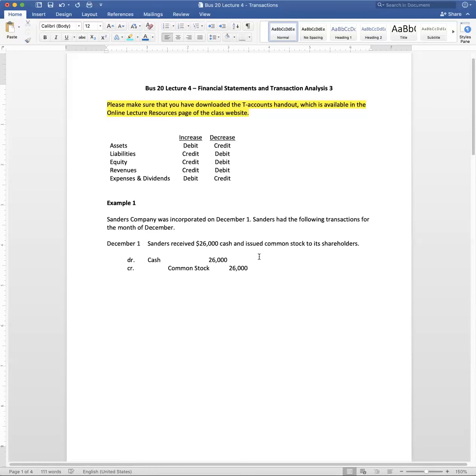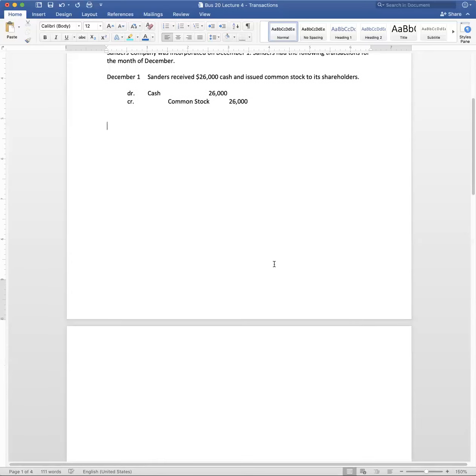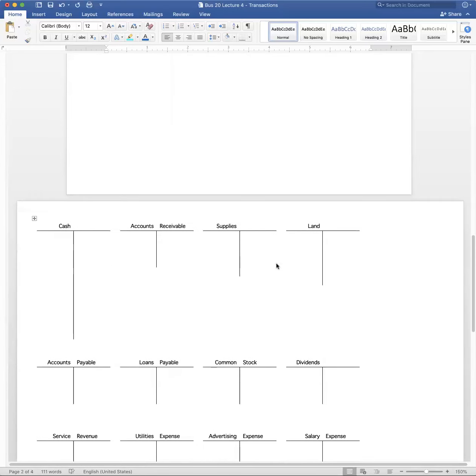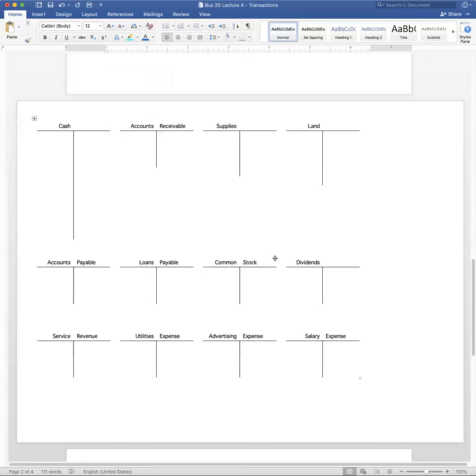All right, so what I want you to do is pull out that sheet of T accounts that you have, which is right here. So it should look like this. Now these are Sanders T accounts, and you'll notice that they're all empty because the company started December 1st and had nothing. All right, so we have all these T accounts, one for each of the accounts that Sanders is going to use.